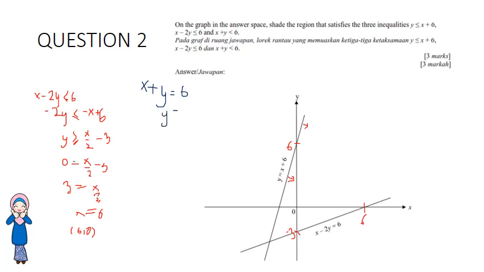So y equals negative x plus 6. So we know for sure that the y-intercept is 6. So it intercepts here, and the gradient is negative 1. So when we have gradient negative 1, it's very sure that our x-intercept is 6.